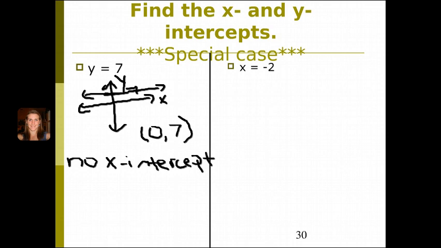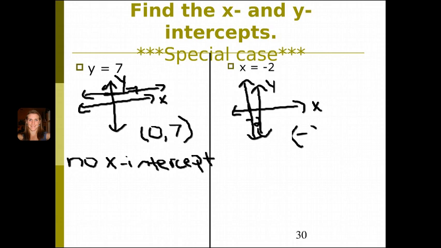Okay? The second one is the opposite because you have x equals negative 2. So if we look at this line on a graph, you would have a vertical line going through negative 2. And so your x-intercept would be (-2, 0). And you would have no y-intercept.